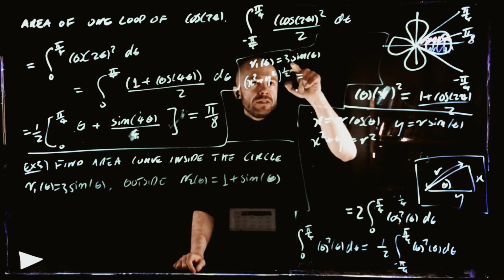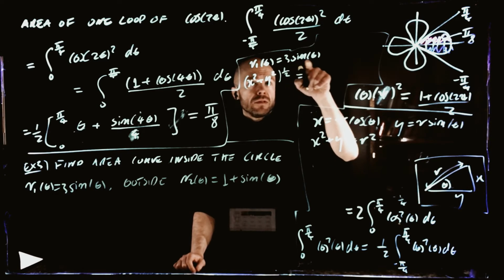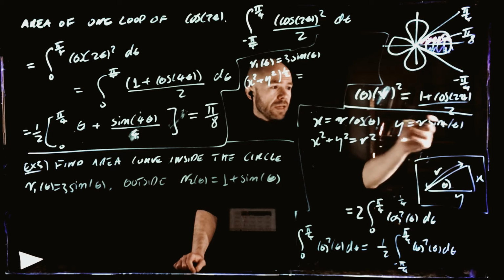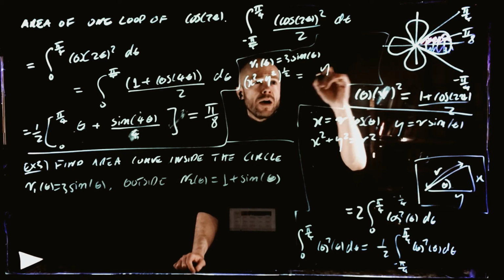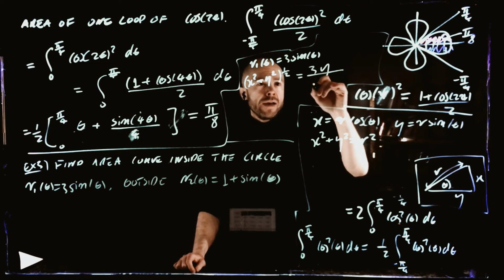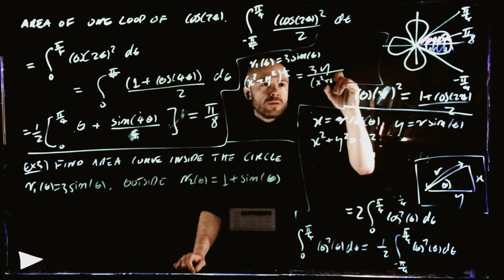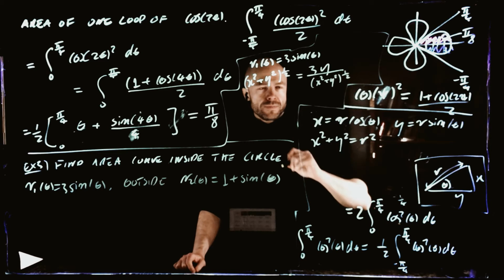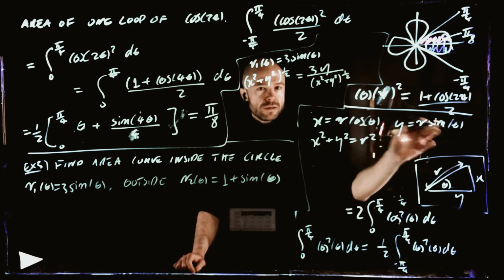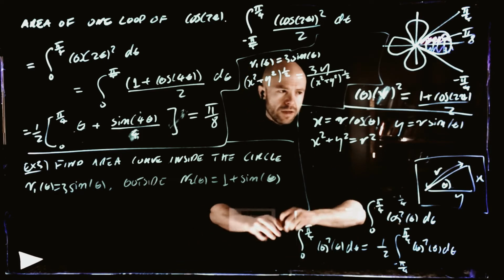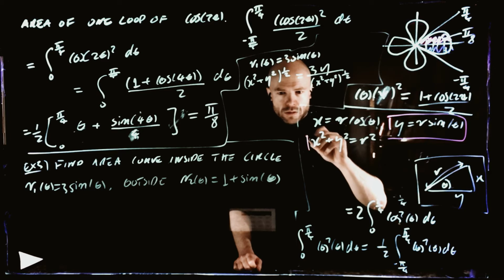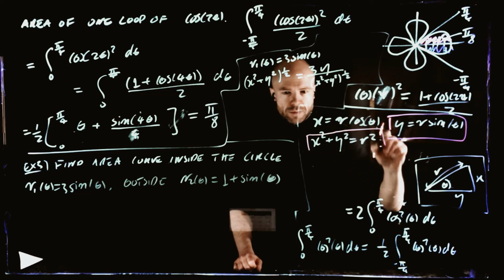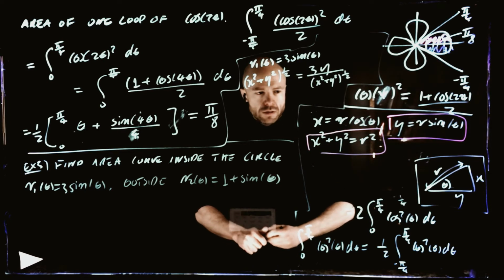And 3 times sine of theta: sine of theta is y over r, so that's 3y over x squared plus y squared, to the power 1 over 2. Just using this and using this. Is everybody with me? Give me a thumbs up if so. Thumbs down if not.